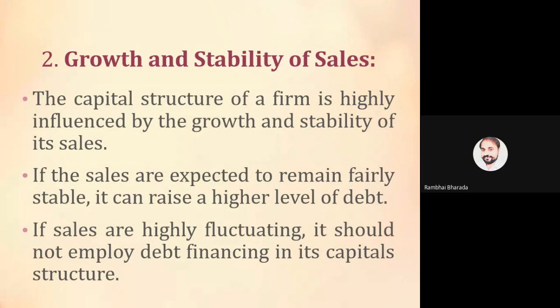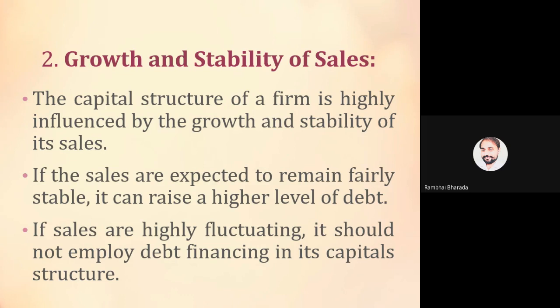Number two, just write down the points. No need to write everything, but just write down the points because it is important for all of you to remember them. Moving ahead, growth and stability of sales.